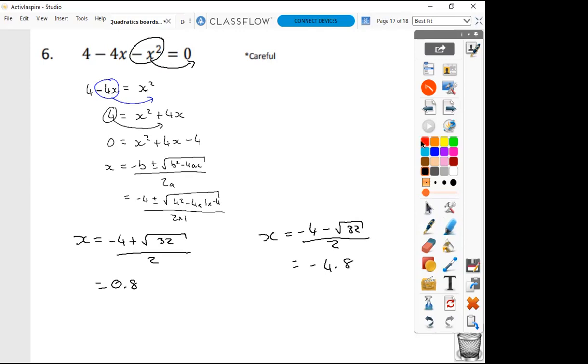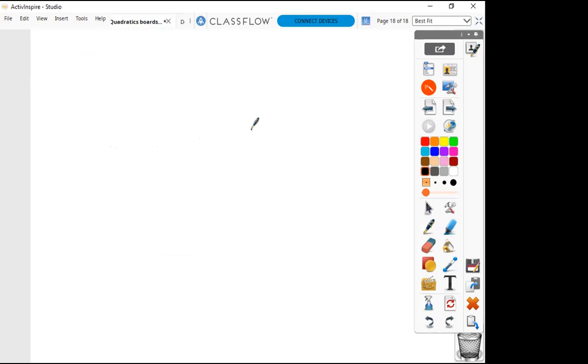Happy. Good sign. There was another be careful one, so let's have a wee look. 2x squared equals 3x plus 3. In fact, I'll snip that one.